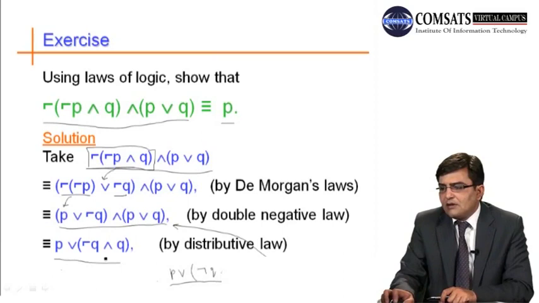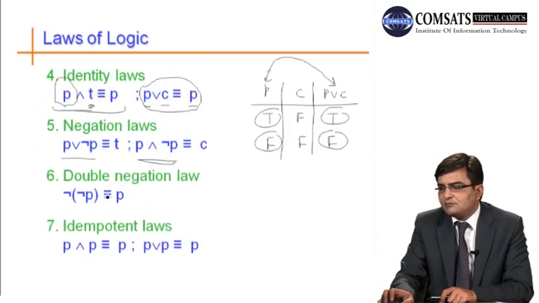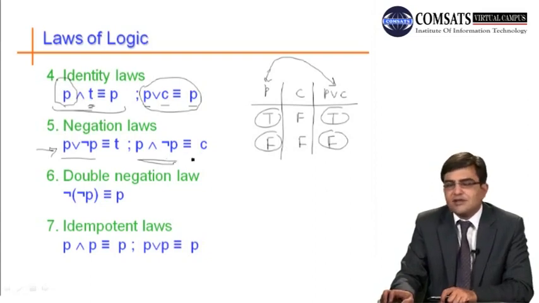Now you can see that here we have not Q and Q. We have studied the negation law, which states that P and not P is equivalent to a contradiction.